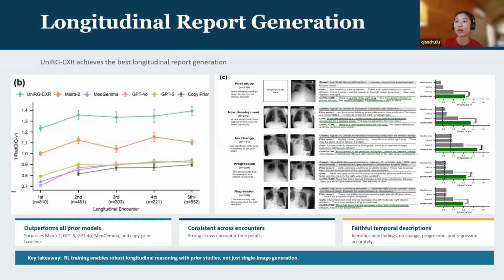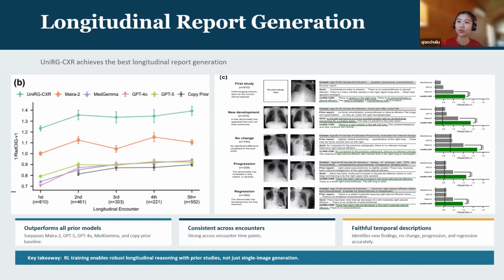Another thing worth mentioning is that the first encounter is the most difficult one. In the first encounter, there's no prior report. So basically the model has to generate a report based on the current scan.